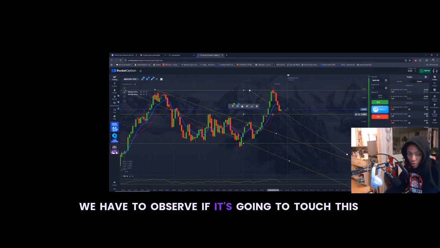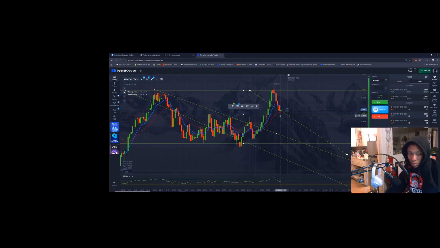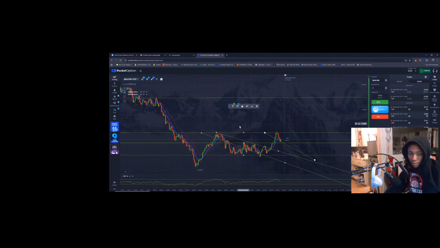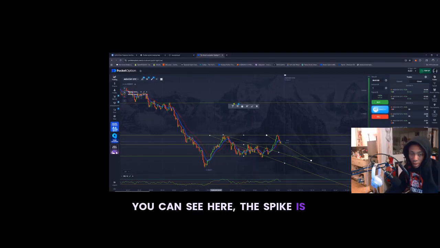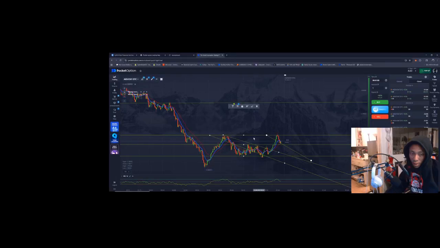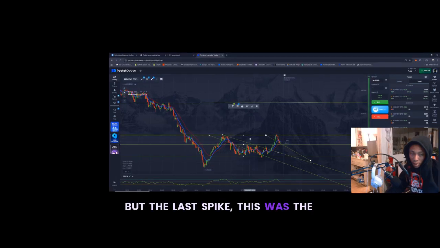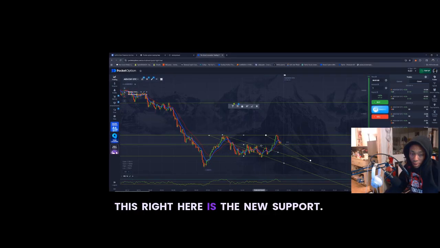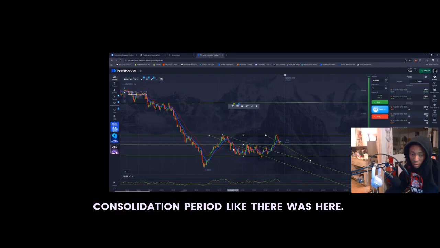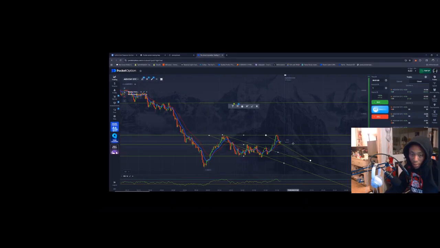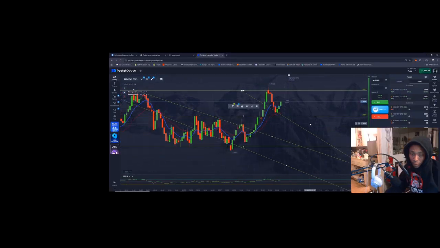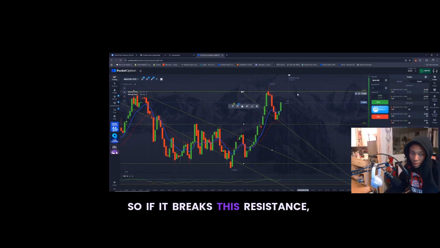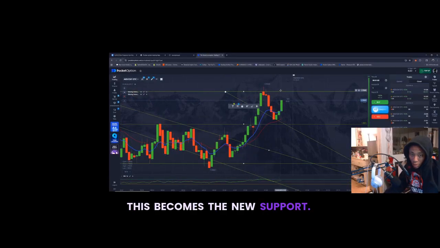We have to observe if it's going to touch this support. You can see here the spike is, here the spike is again. But the last spike, this was the resistance. This right here is the new support. So if it floats in between here, there's going to be a possible consolidation period like there was here. So if it breaks this resistance, this becomes the new support.